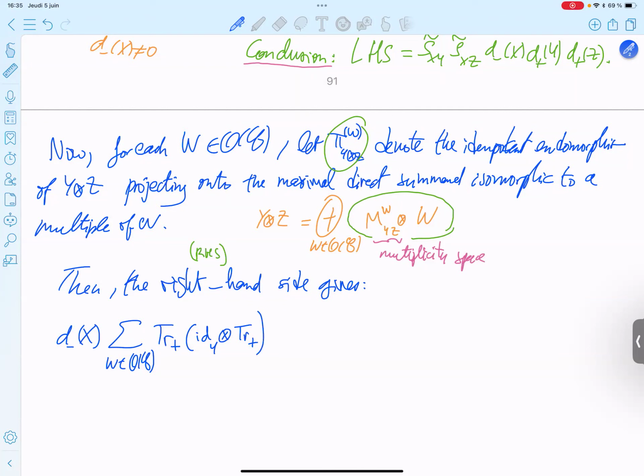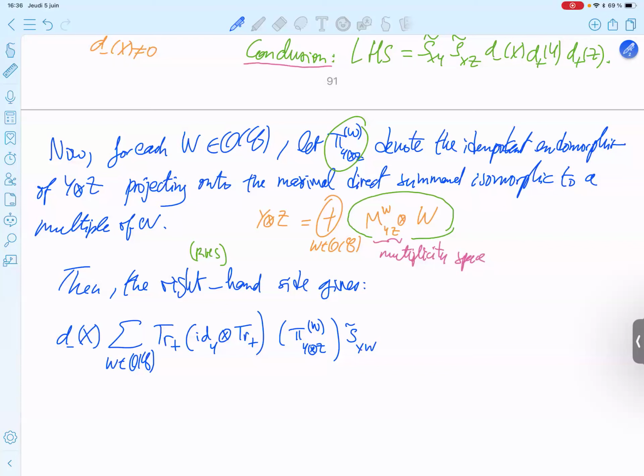So you first apply. You remember the right-hand side is the application of some traces on the hexagon axiom equation. So here you put the idempotent right answer C W S tilde.